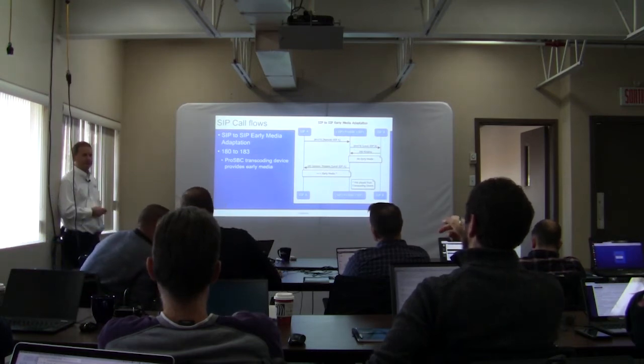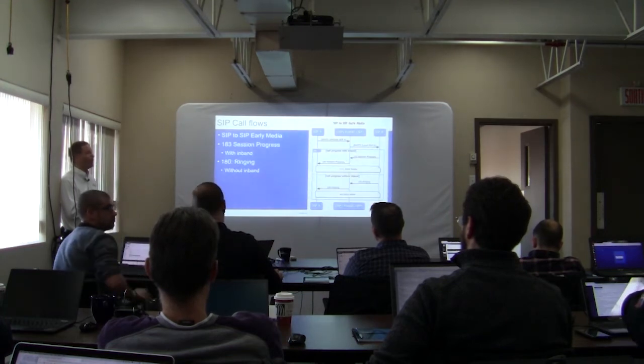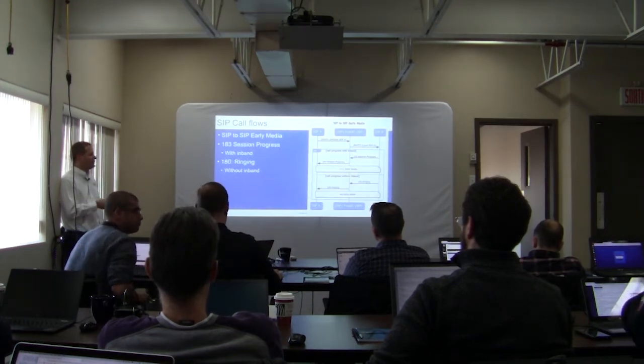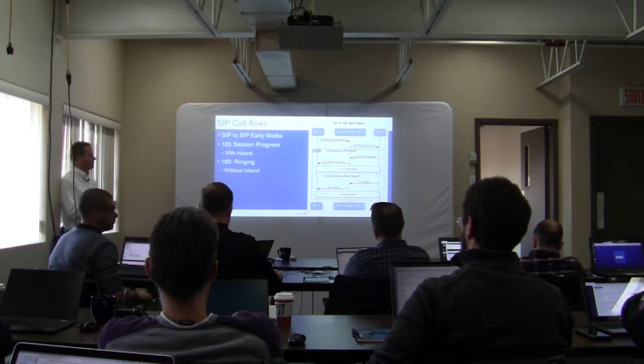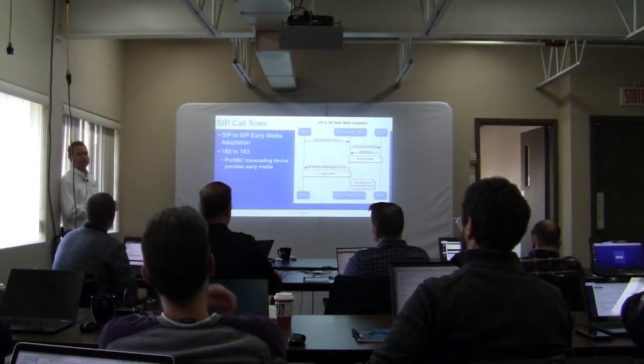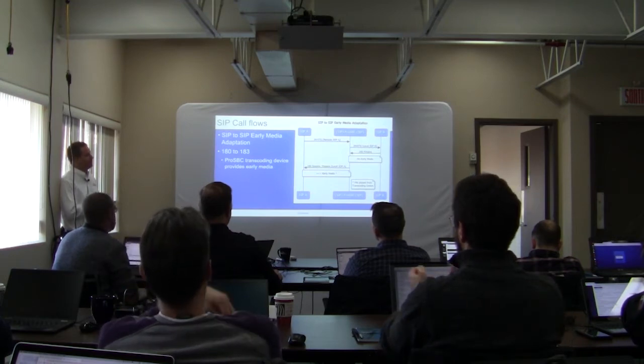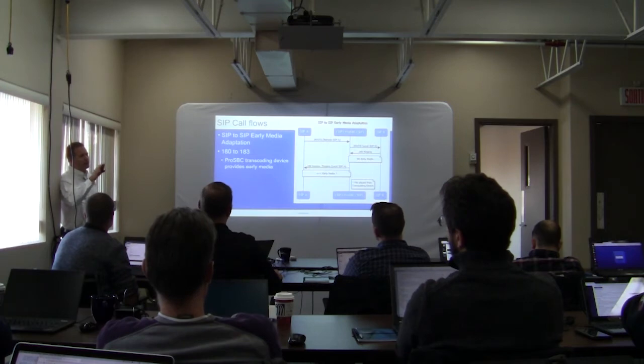And that's how you would do this? Yeah, exactly. If you receive a 183 here, you may just play the early media like that. But if he sends you a 180 and they're not playing anything, then we can force it to play here. It may not work in all cases.